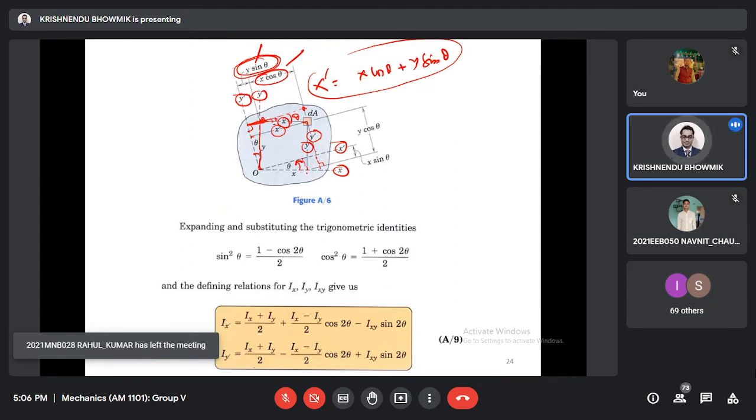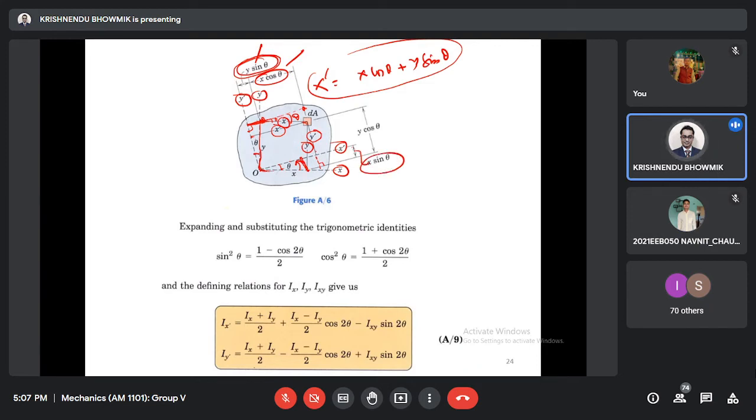Now we have to come for y. Here we got this to this distance is x, then this is theta, then this will be x sin theta. If it is x, this distance will be x sin theta. And if this is y, and this is theta, this is the 90 degree, then this distance will be y cosine theta.